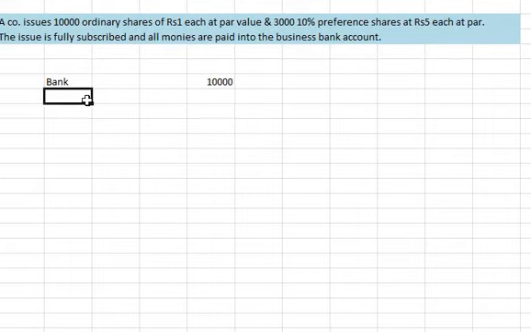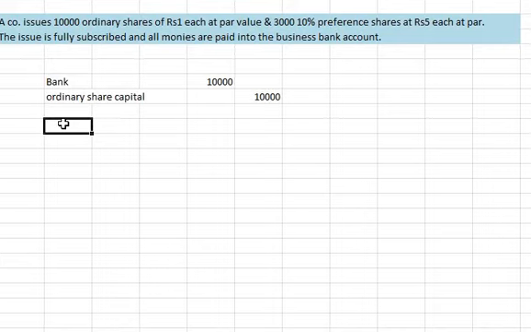Then where do we get ordinary shares from? So ordinary share capital account, ordinary share capital, 10,000 into 1, that is also 10,000. So this is how we record your ordinary share capital. And your narration will be the same: to record the issue of 10,000 ordinary shares at rupees 1 at par.